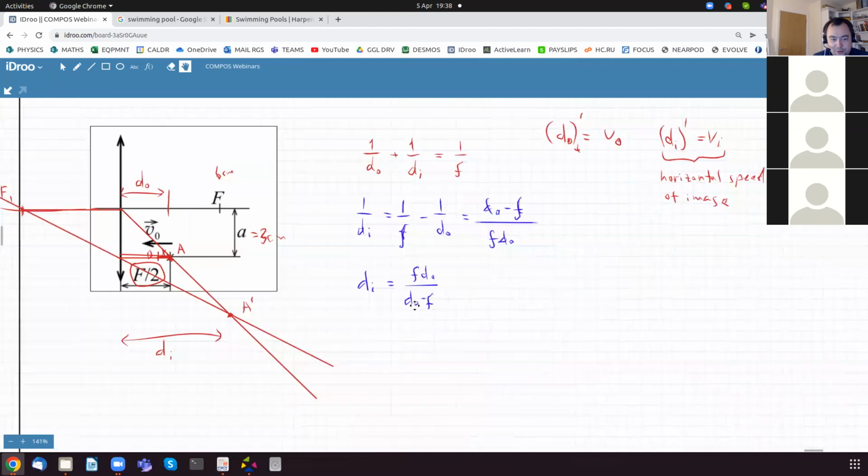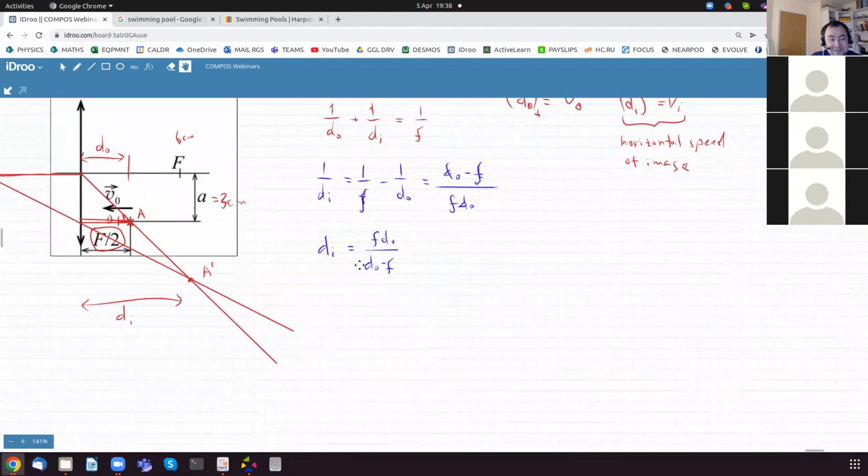Okay, it doesn't look too good, but I'm going to differentiate that. So di prime, differentiating that, is equal to, so we use the quotient rule here.